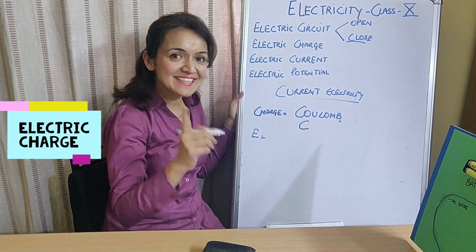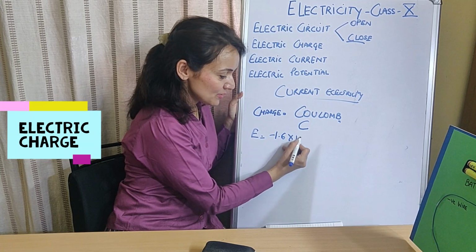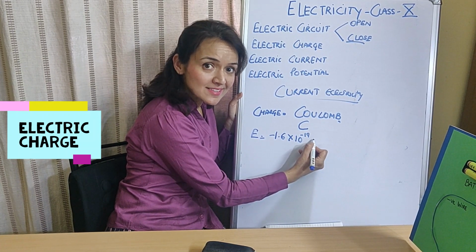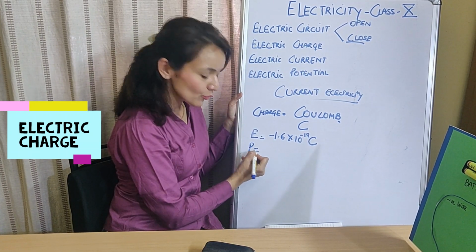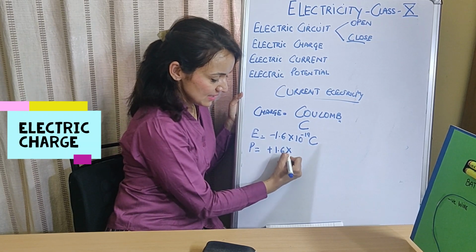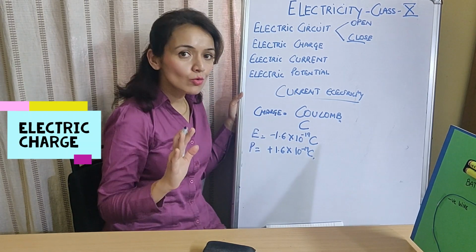Charge on an electron is negative, that is minus 1.6 into 10 to the power minus 19 coulombs. And the charge on proton is plus 1.6 into 10 to the power minus 19 coulombs.